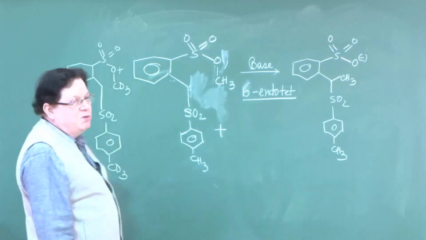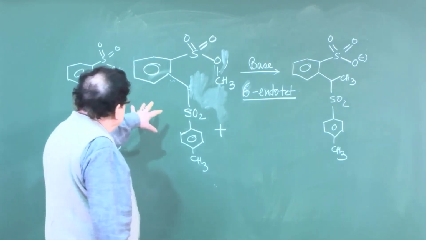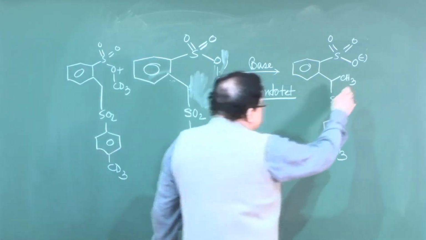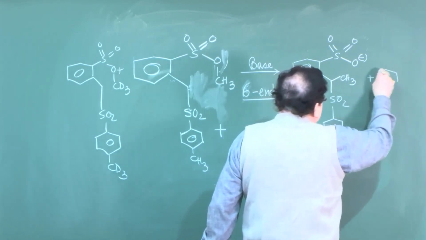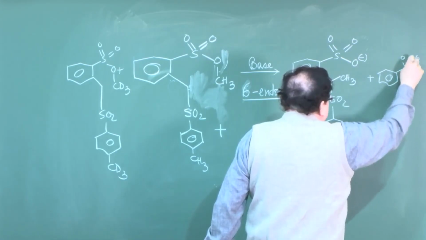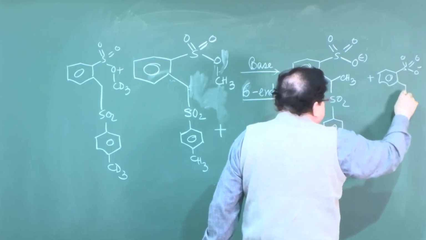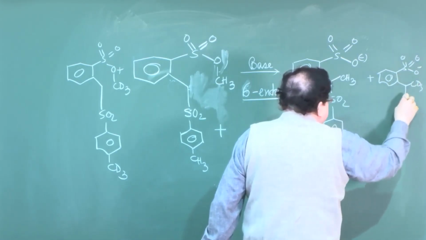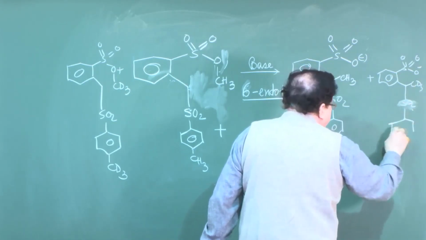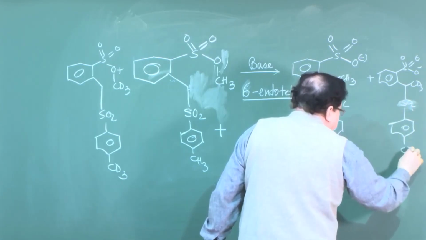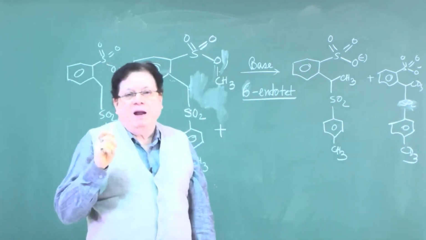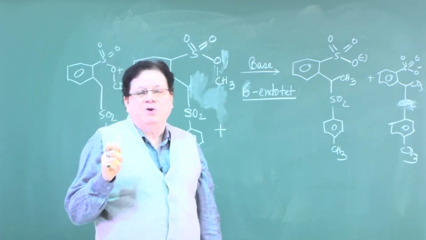If you do that, if it is intramolecular, then you will expect only two products, this and, when we are doing the reaction on a mixture, SO2 and then CD3. So, these are the two products that you expect, provided the transfer is intramolecular.